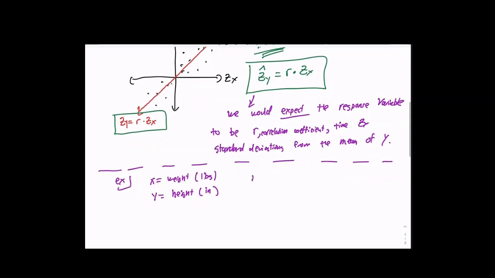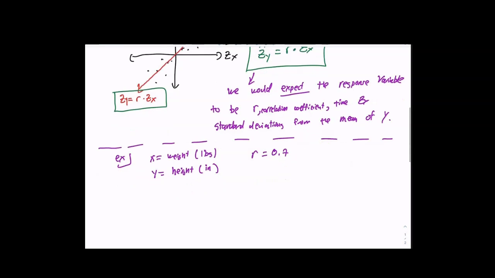The correlation between these two values is 0.7. So it's moderate to strong. It's right on the border of moderate to strong between these two variables.